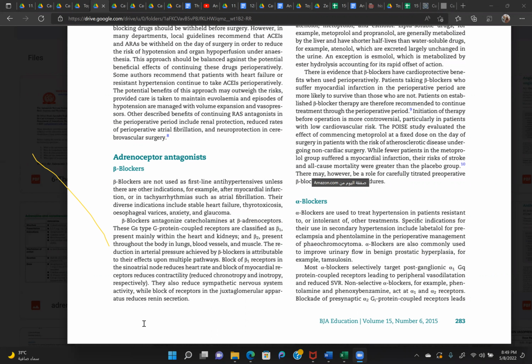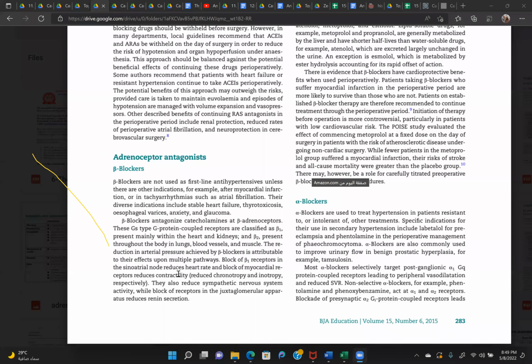So they will have less effect on blood pressure as compared to other drugs, but their effect may be unpredictable, because if, for example, there is tachycardia because of hypoxia, that tachycardia will actually be reduced.